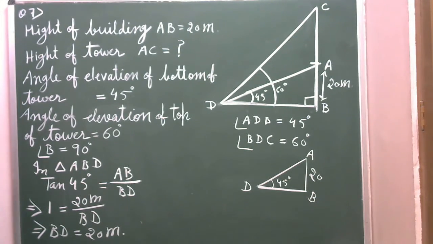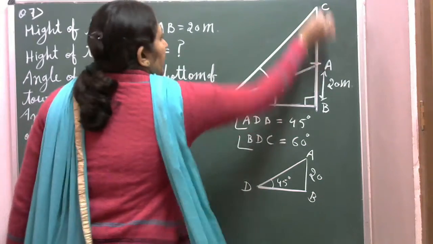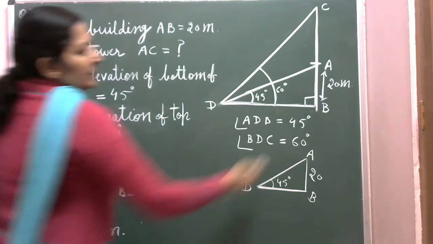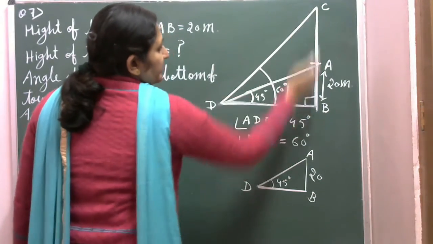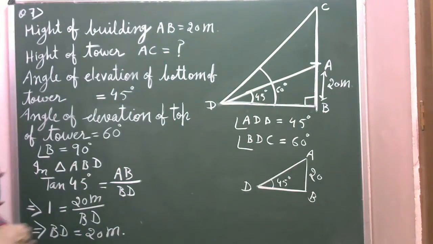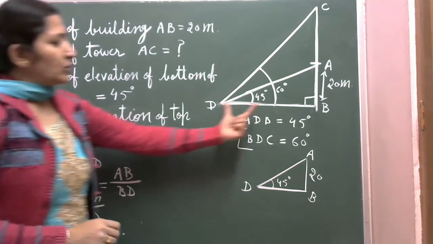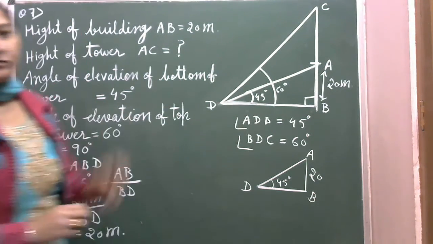Now we have to find AC. We cannot find AC alone. We have to find the relation between BC and this BD. We came to know BD. We have to use this value of BD in the bigger triangle.